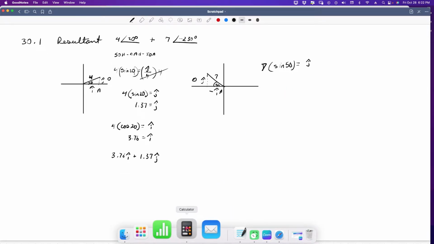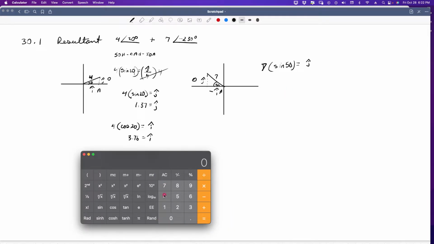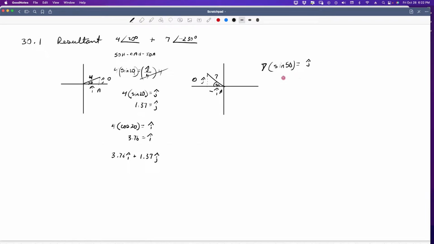We pull up our calculator. 50 sine times 7 is 5.36. So 5.36 is our j. And then we do the cosine.